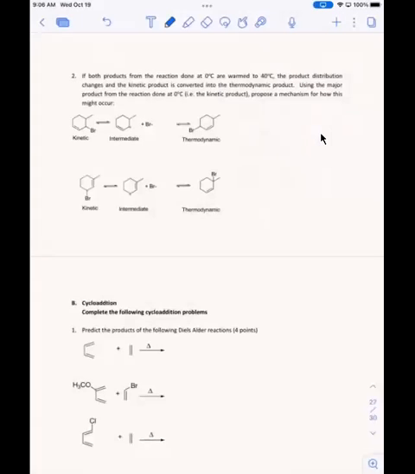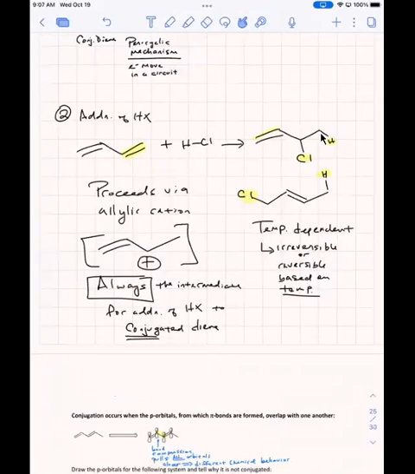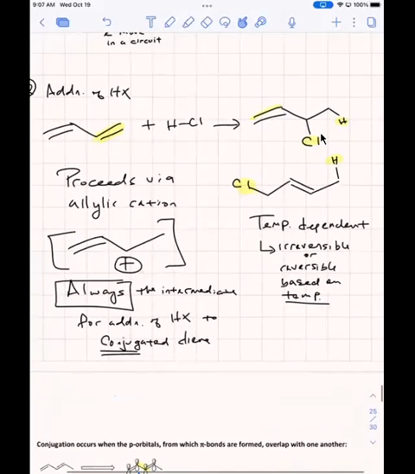All right, so we left off here talking about this addition of HX to a conjugated diene. It follows the same pathway, same mechanism as addition to an alkene, but with a conjugated diene, there's a common intermediate.